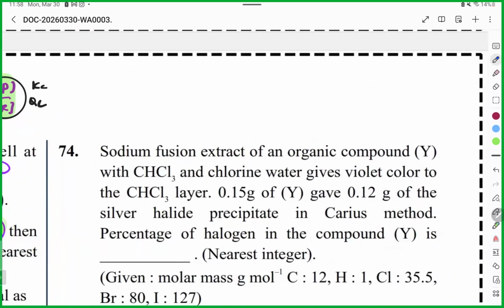Now this came, our proper Carius method, direct formula based. Sodium fusion extract of organic compound Y with CHCl3 and chlorine gas gives violet color to CHCl3 layer. If you have an organic compound of this which gave 0.2 gram of silver halide in the Carius method, the percentage of halogen in compound Y is nearest.